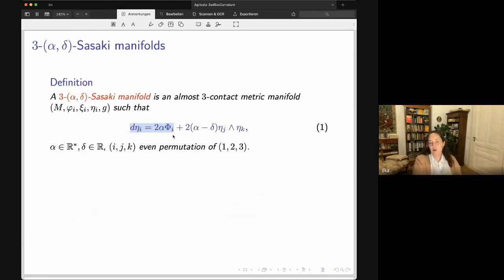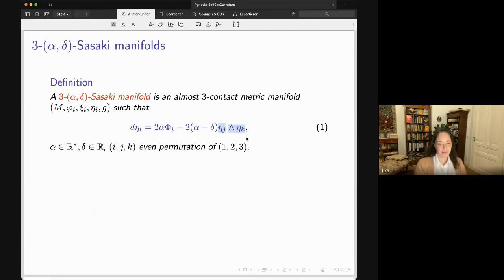But now we allow an extra term which mixes the three structures. Namely, it has this part eta j wedge eta k, where ijk is any even permutation of 1, 2, 3.